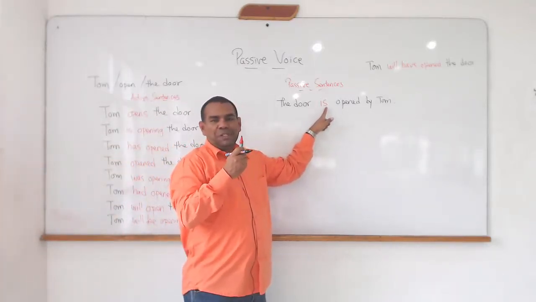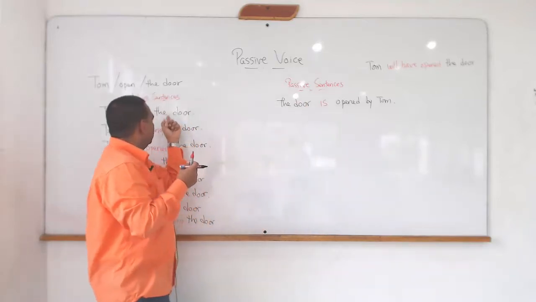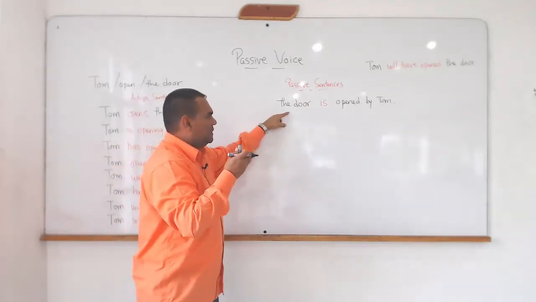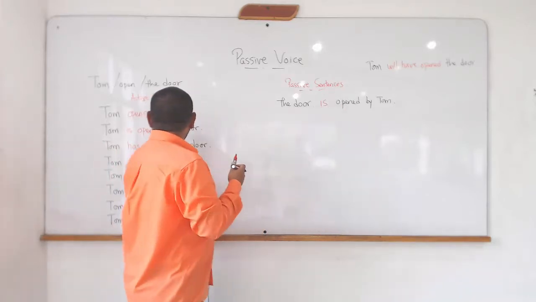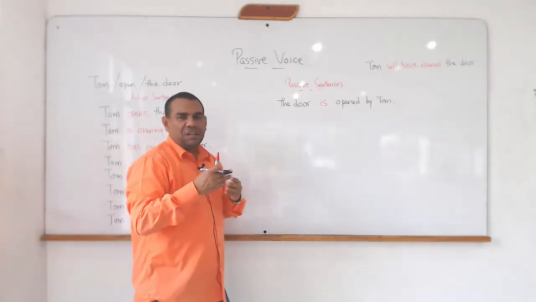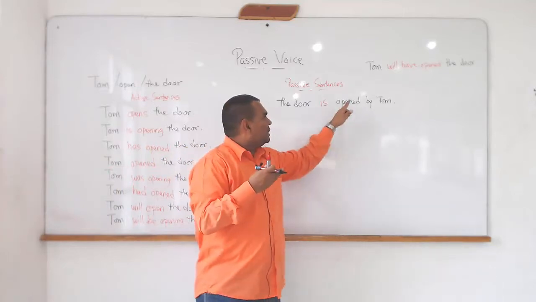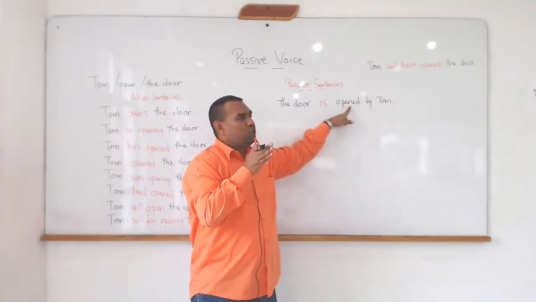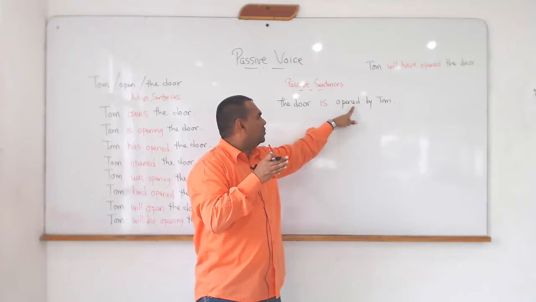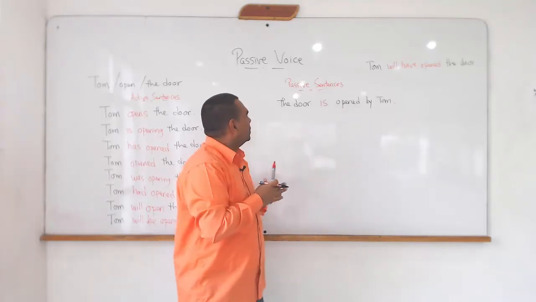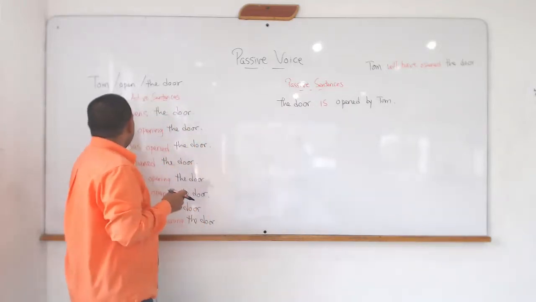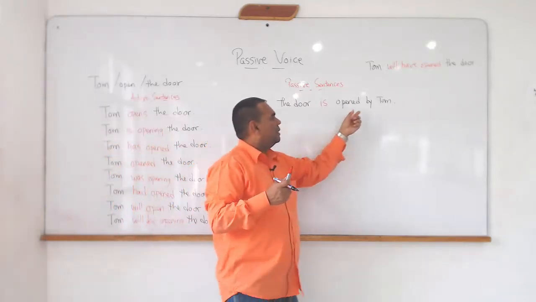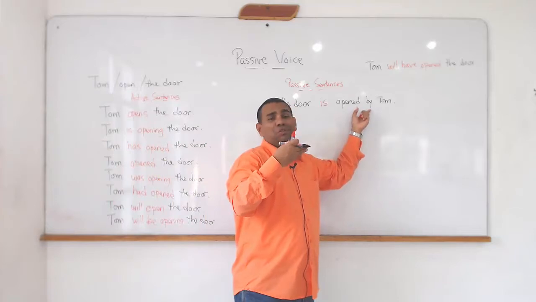This includes, one more time, the object, that now is the subject, the verb to be, and the verb that refers to the action itself, which is present, but in the structure of a past participle. So the door is opened, and now this is additional information about who is in charge of the action.